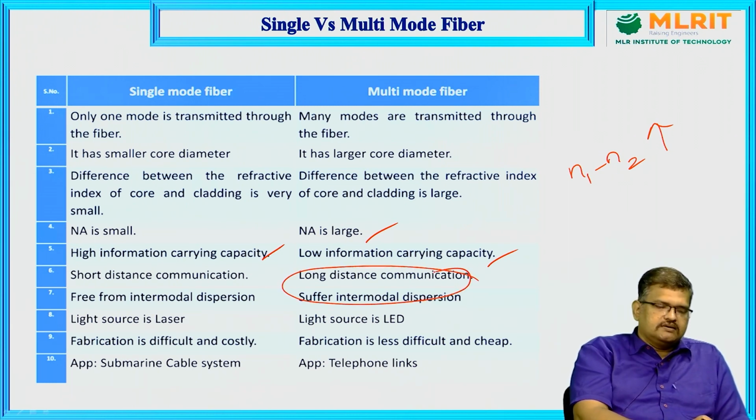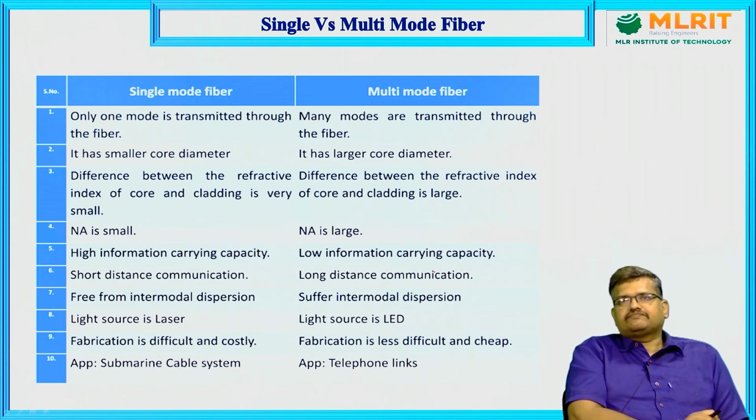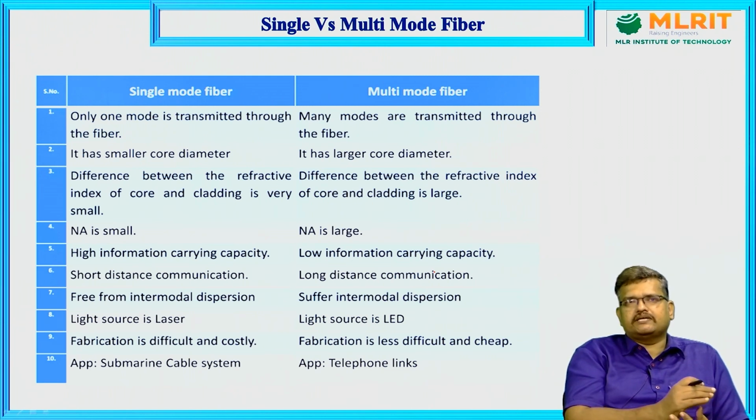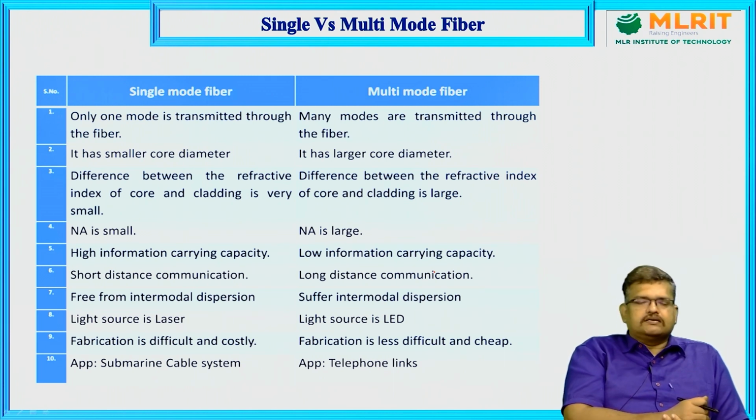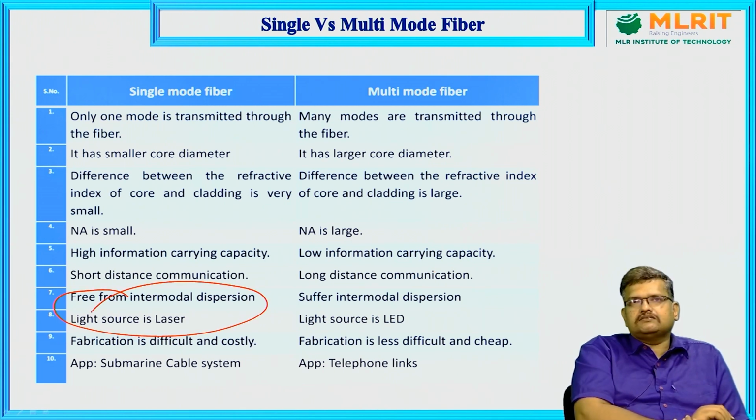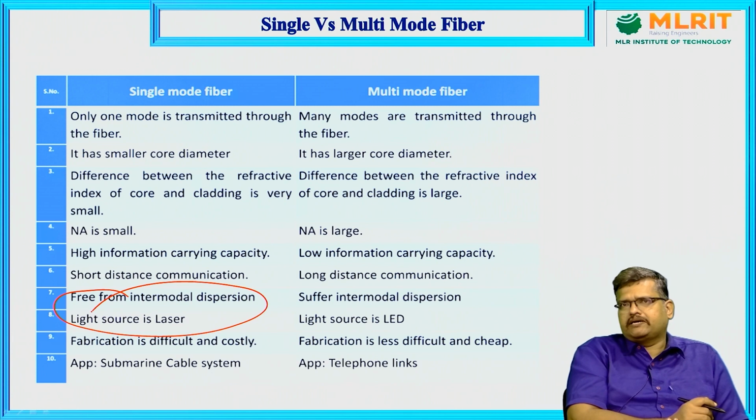Another one, dispersion. This is a major drawback in the fiber optic system. In single mode fiber there is no intermodal dispersion, because only one signal is propagating, so there is no disturbance between signals.